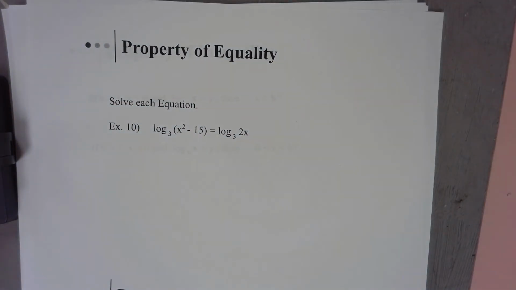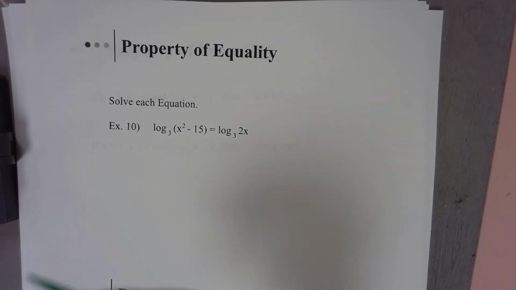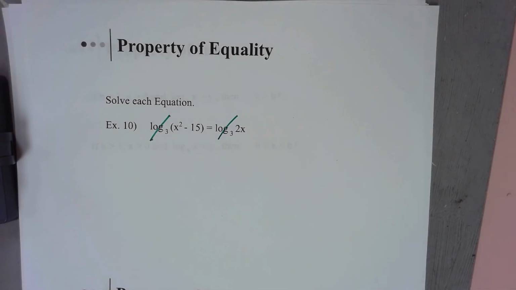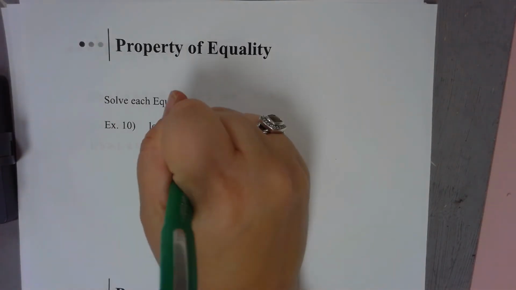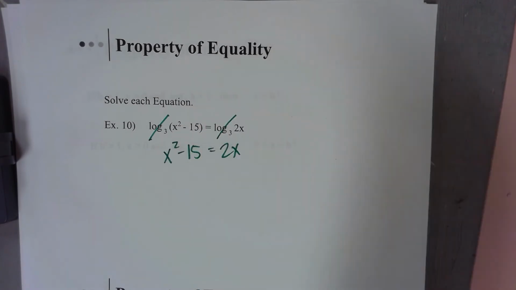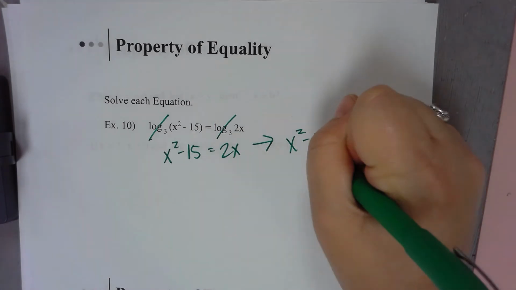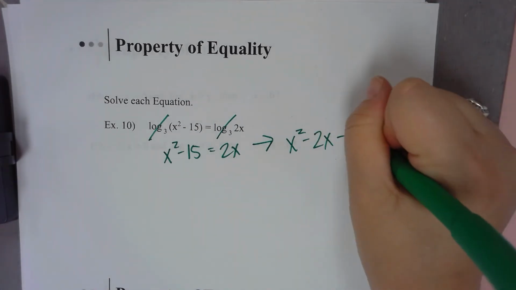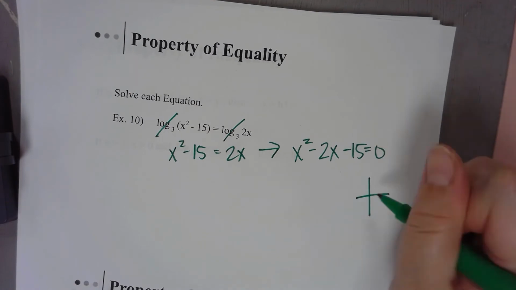Log base 3 of x squared minus 15 equals log base 3 of 2x. So our logs are the same, our bases are the same. We're going to set our arguments equal. That's quadratic, so I'm going to subtract that 2x over so I can set my problem equal to 0. I'm going to draw my man box.